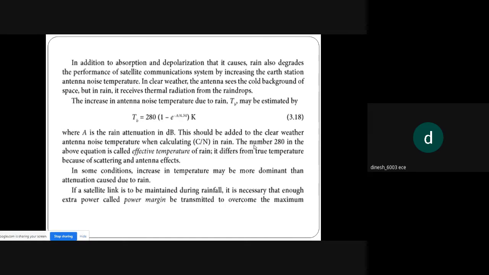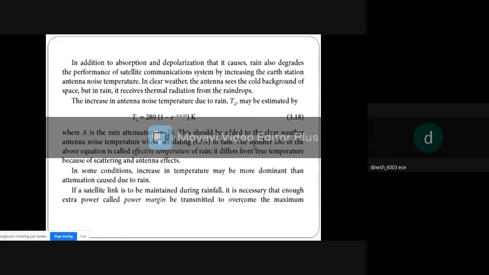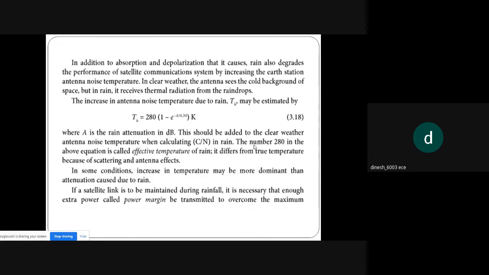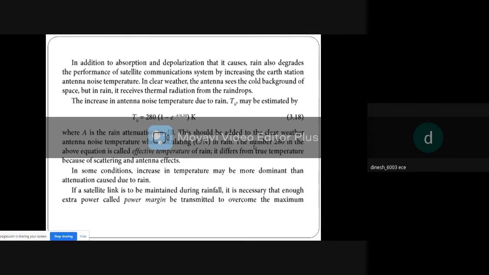The increase in antenna noise temperature due to rain can be estimated by TB is equal to 280 times 1 minus e power minus A divided by 4.34 Kelvin, where A is the rain attenuation measured in decibels. And this should be added to the clear weather antenna noise temperature when calculating carrier to noise ratio in the rain.